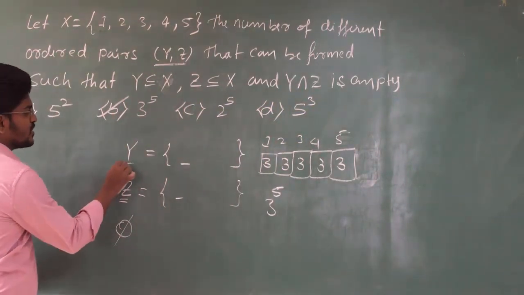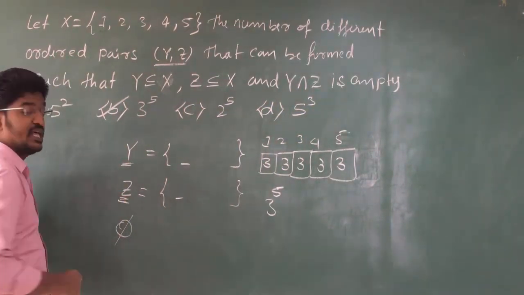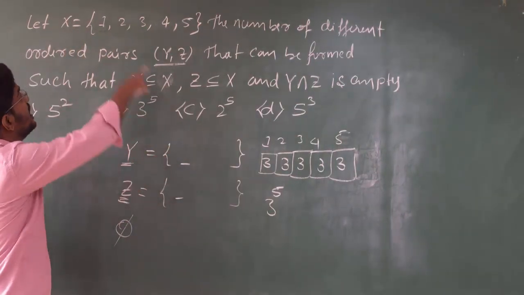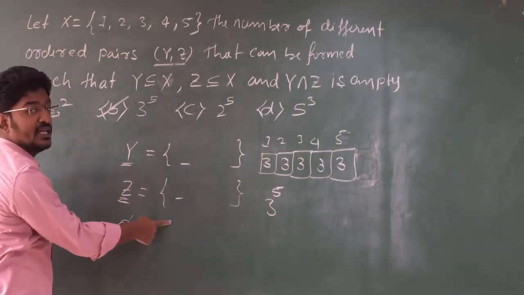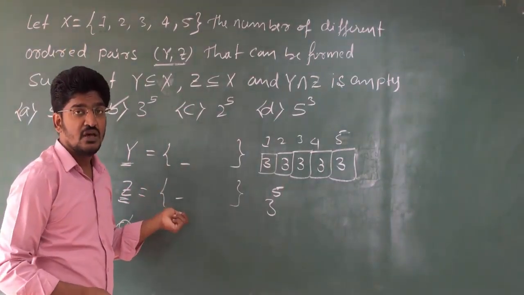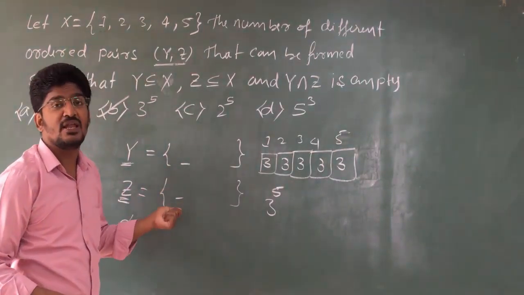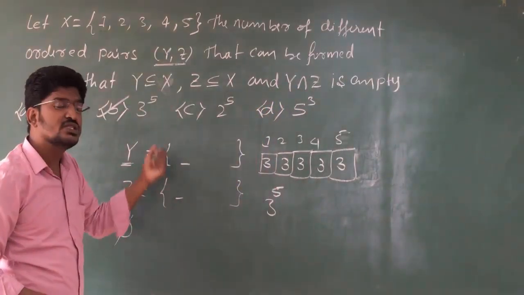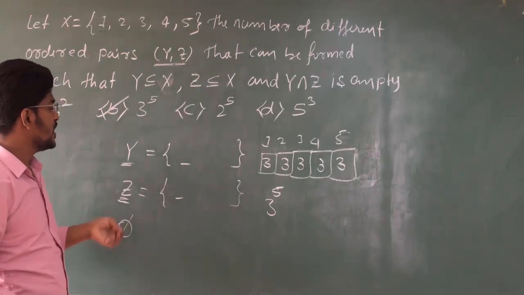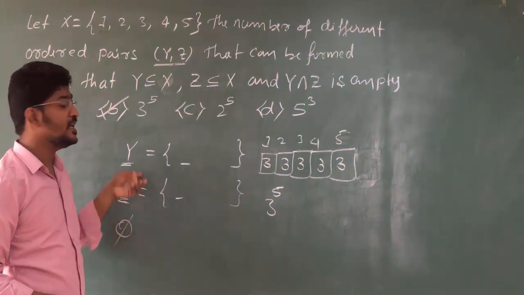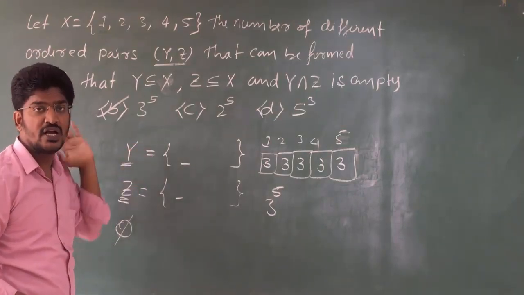So I will take the set Y and the set Z. Now I will choose elements of X for Y and elements of X for Z. But I can't choose the same elements. Why? Because if I choose the same elements, the intersection will not be empty. So the element which is in Y will not be in Z, and the element which is in Z will not be in Y. These are the 2 conditions.